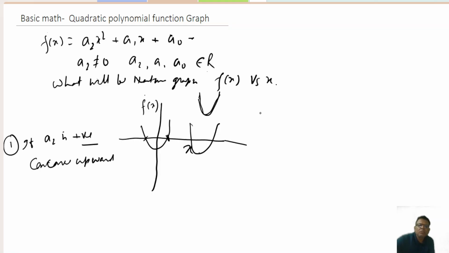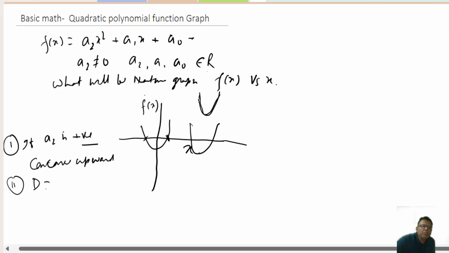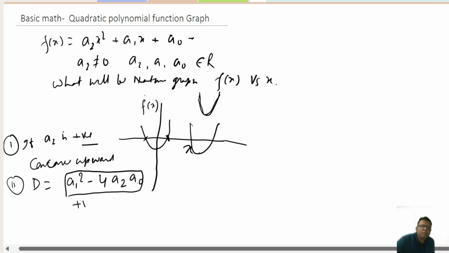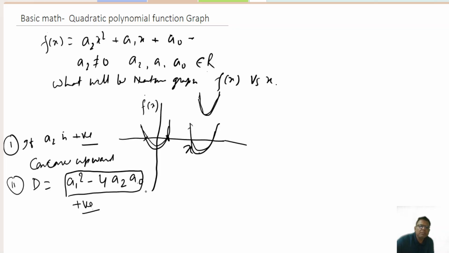So how will we know? We will know through the nature of D. What is D? D is a1 square minus 4 a2 a0. So this is called D. So if D is positive, then it will cut at two places. If D is negative, then it will not cut.